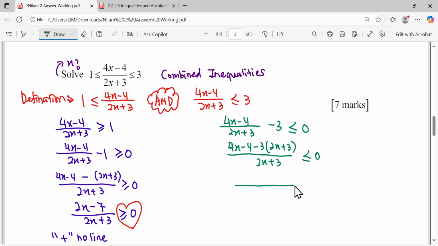And we simplify. Alright, you can see we simplify. So 4x, 2 times 3, negative 6. So you get negative 2x. This negative 4 minus 9, you will get negative 13. So we already simplified into the simplest fraction that we have.